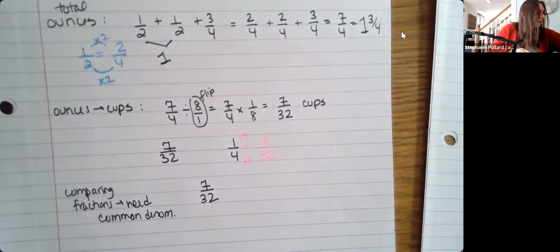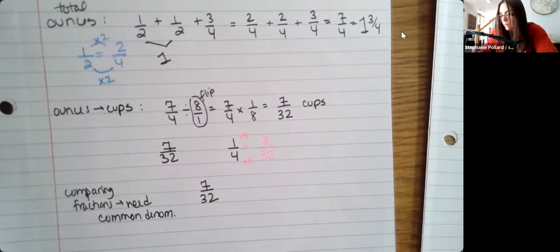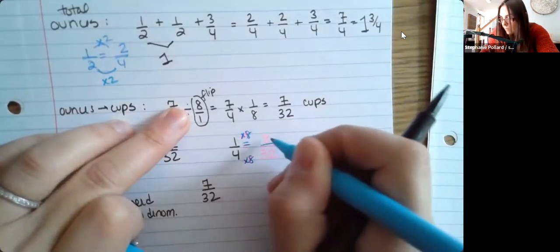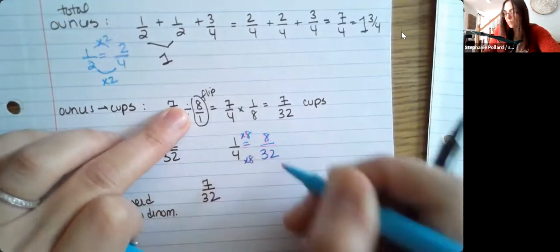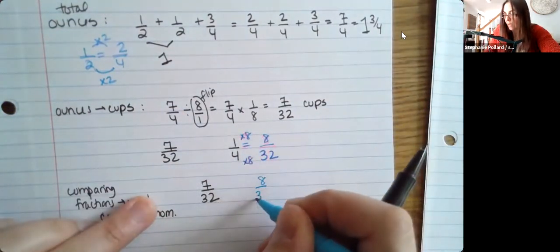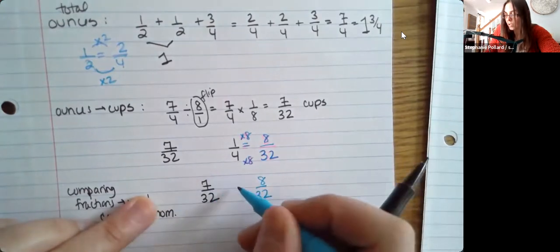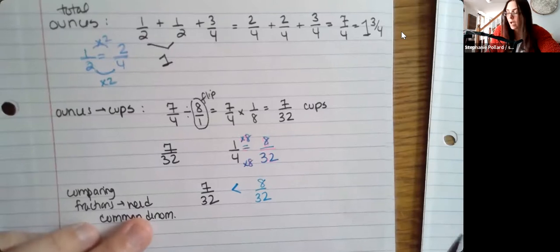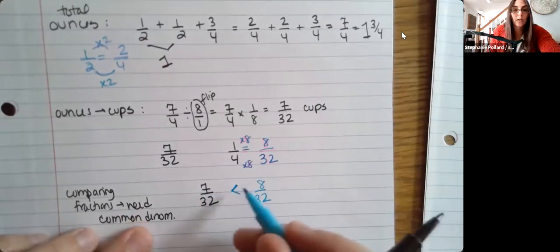Let's try this blue. So now we can see that 1/4 is the same thing as 8/32. And so this value is actually smaller, right? The 7 is smaller. So once I have common denominators, I can just compare the numerators.